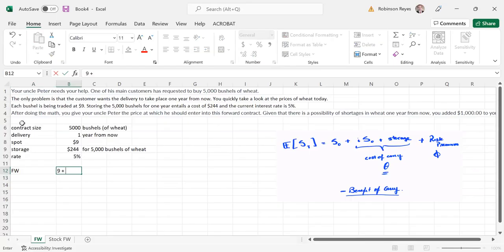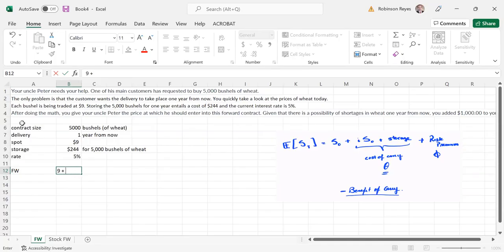So we have, if we follow the formula, our spot price is $9, and then we have something which is the financial cost, and the financial cost is basically 5%. Because the delivery is taking place 1 year from now, our financial cost will be 5%, right? So it would be basically 5% times the $9.